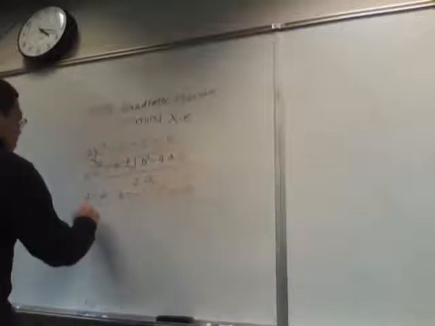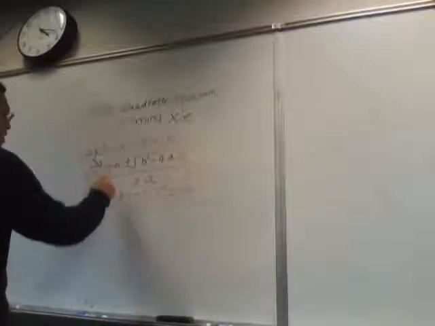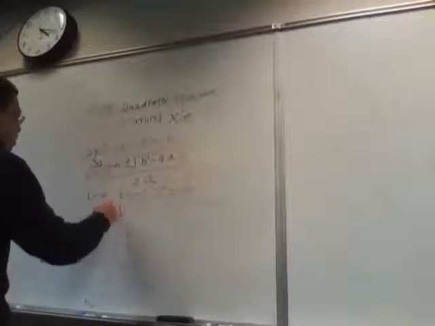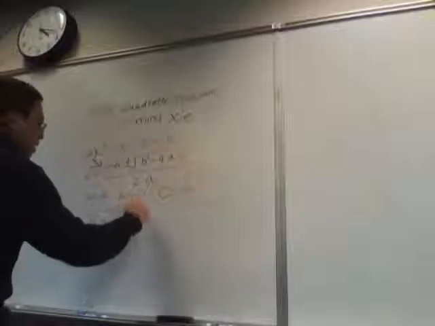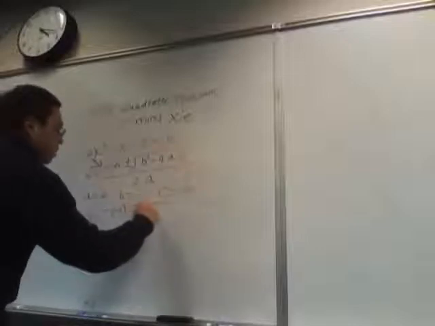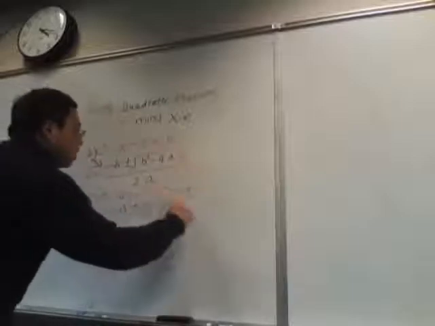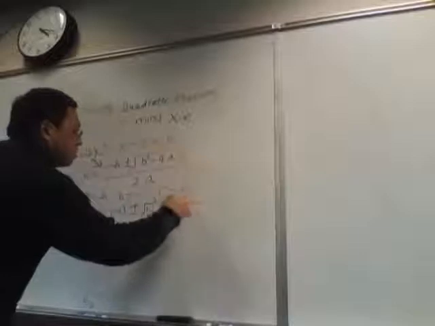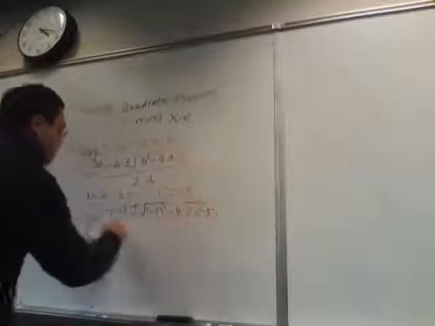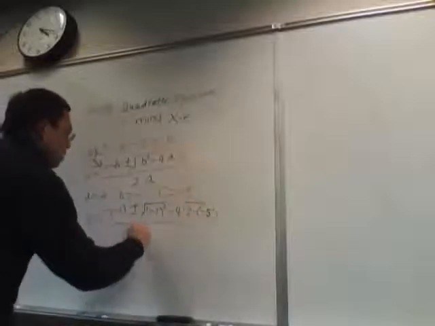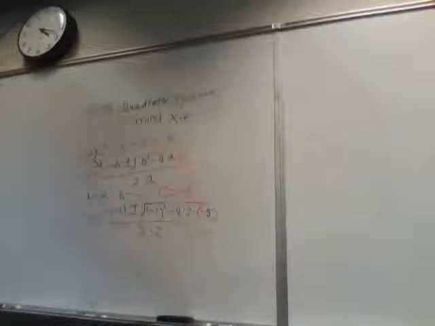And then x equals negative of negative 1, plus or minus the square root of negative 1 squared minus 4 times a, that's 2, times c, that's negative 5, whole thing divided by 2 times 2.